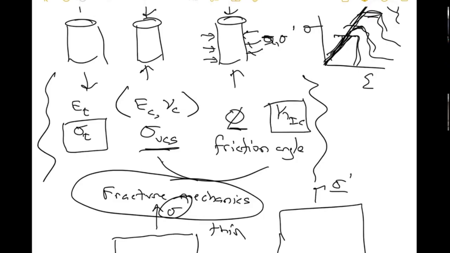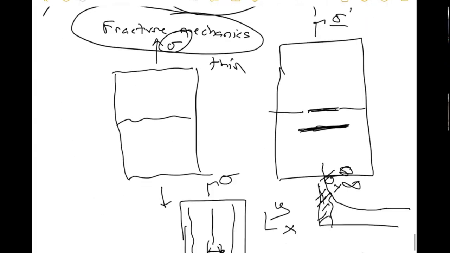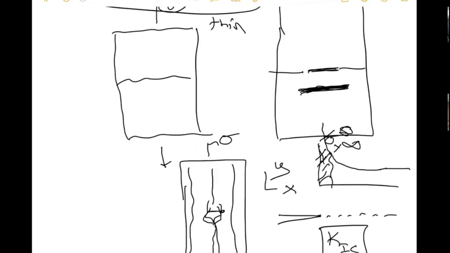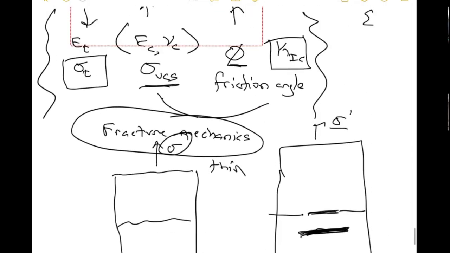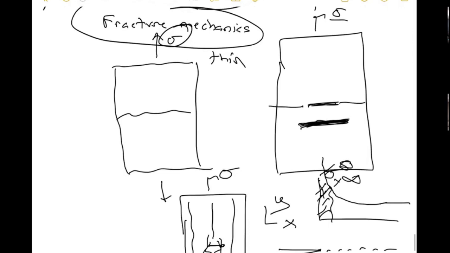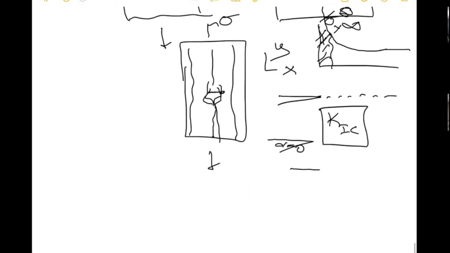So if there are big cracks and they're somehow causing the failure, that should also be thought of, and that's this thing called fracture toughness. This is not used that much in rock mechanics, but there are many problems where this is important.